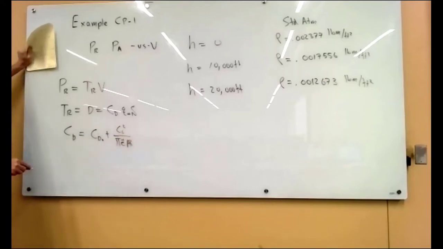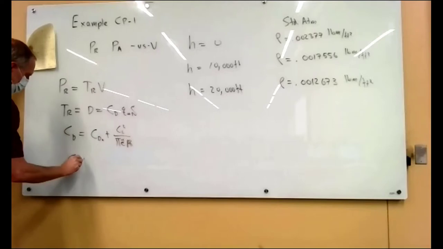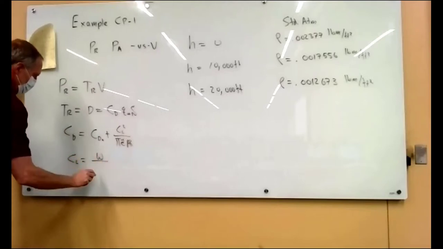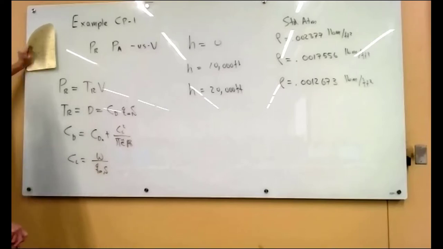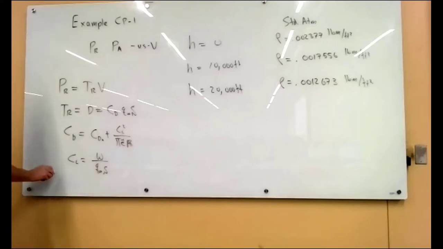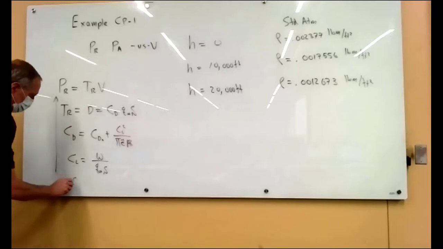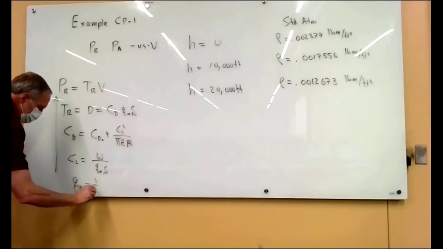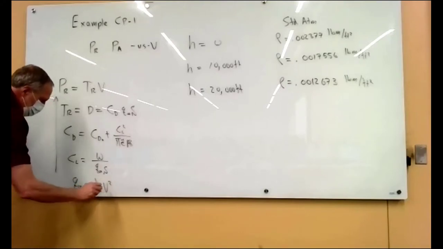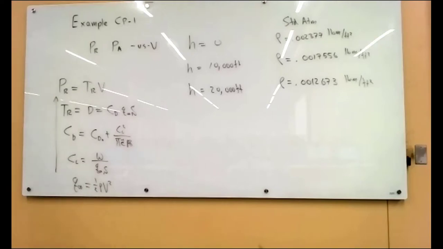So we need the lift. And the lift is the weight divided by the dynamic pressure times the area. So we work, spreadsheet-wise, we work backwards up like that, where we'll calculate Q infinity. That's where the density comes in.